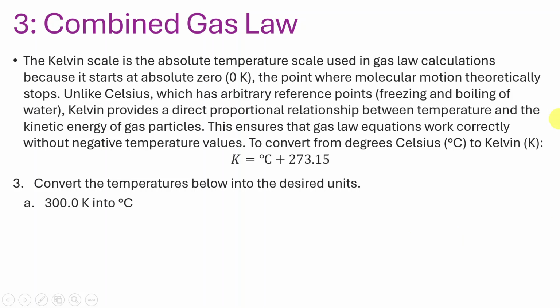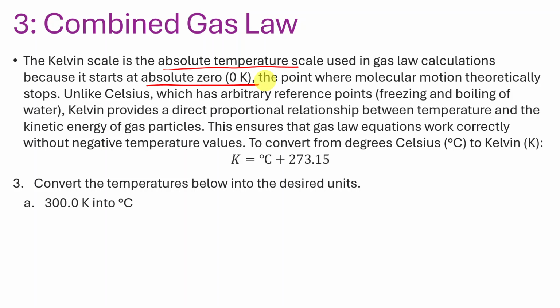Now, whenever you use temperature in gas laws, we're going to want to use the Kelvin scale. The Kelvin scale is the absolute temperature scale that is used in gas law calculations because it starts at absolute zero, 0 K. This is called absolute zero, and it is the temperature at which all molecular motion theoretically stops. So this is a theoretical value. But we know that when you heat a gas, it increases its kinetic energy.